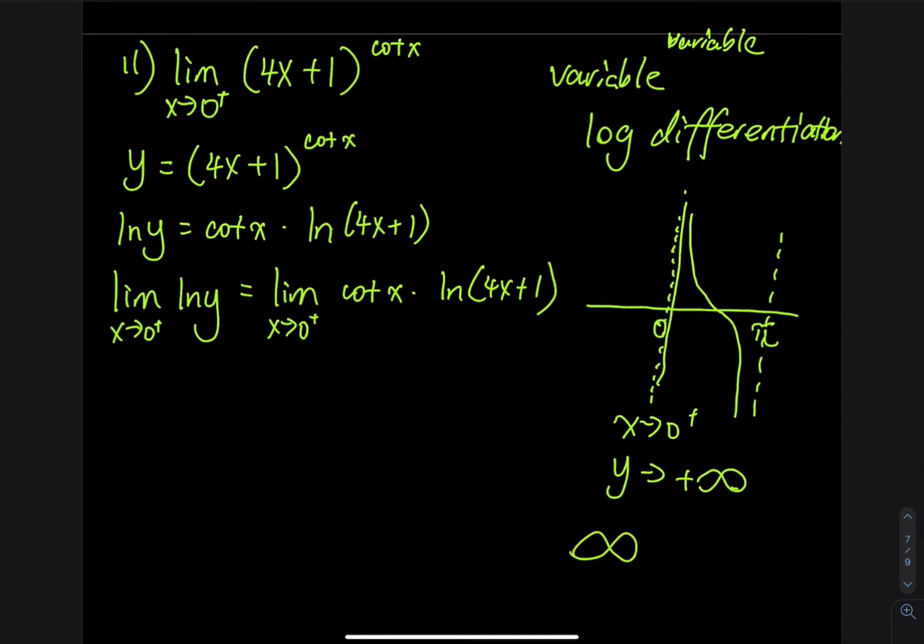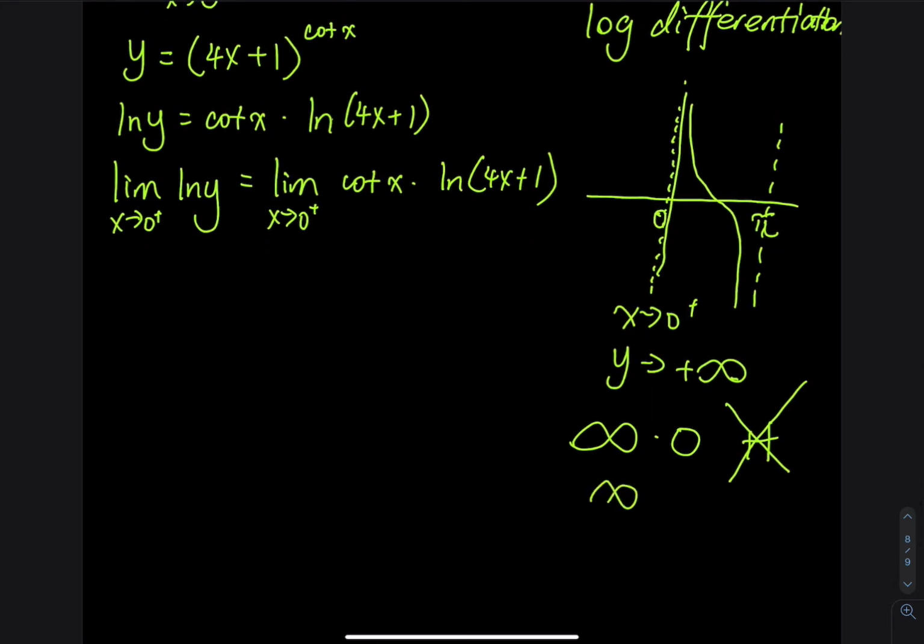Plug in a 0 to the ln, you have ln 1 equals 0. So infinity times 0 is an indeterminate form. However, this indeterminate form is not 0 over 0 or infinity over infinity. So at this point, L'Hopital's rule is not applied. In order to make L'Hopital's rule apply, we are looking for infinity over infinity, or 0 divided by 0.